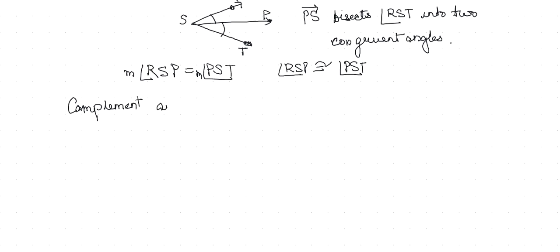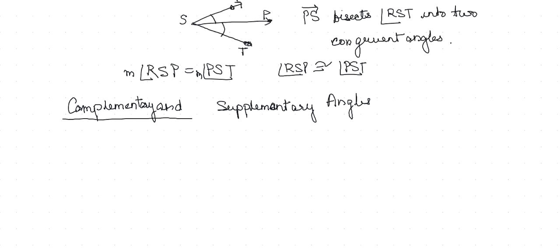Complementary and supplementary angles. Complementary angles are two angles whose measures have a sum of 90 degrees, like this.